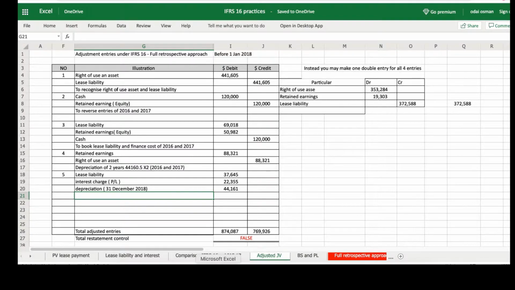So we do have, in the debit side, the right of use asset, which is equal to the depreciation.